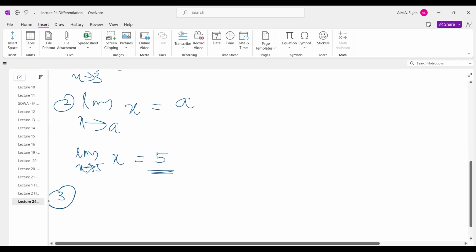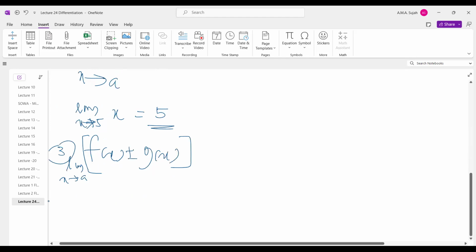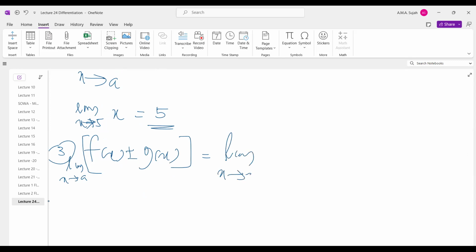Third one, we discussed f of x plus or minus g of x. The limit of this is equal to getting the limits separately: limit x approaches a of f of x plus limit x approaches a of g of x.